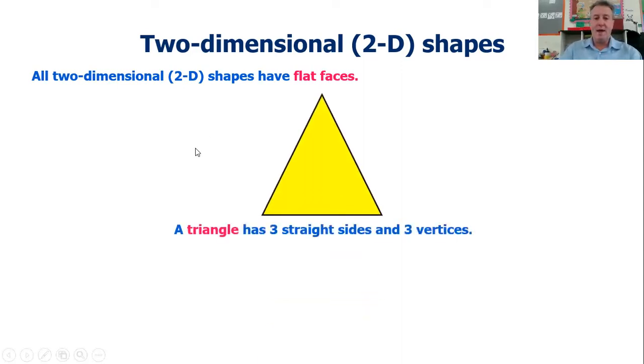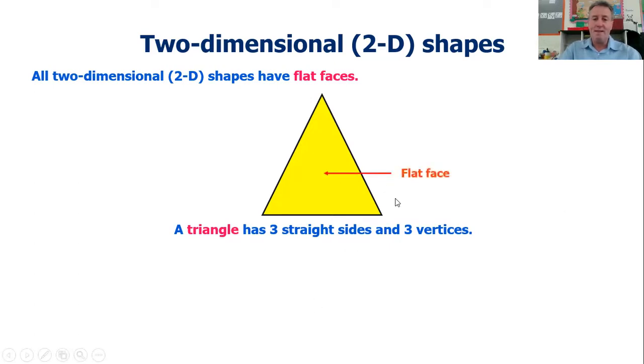First, we have a, what's this one? Triangle, a triangle. It has 3 straight sides, 1, 2, 3, and 3 corners, 1, 2, 3. This one is a yellow triangle, isn't it?